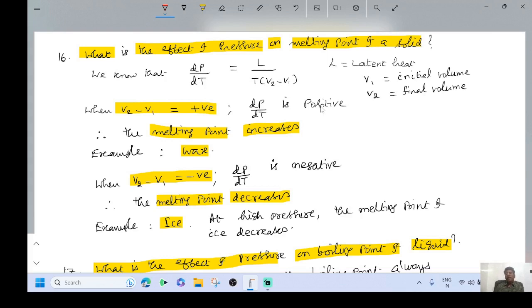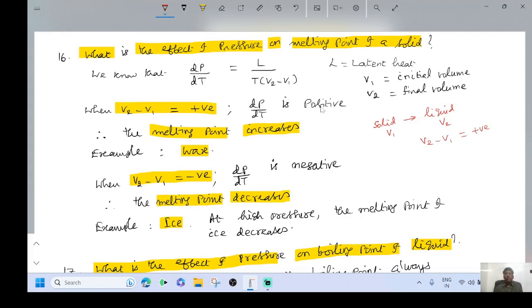If you take the wax in the solid state, its volume is V1. Convert this wax into liquid, its volume is V2. Here V2 minus V1 is a positive quantity, which means the volume of wax in the liquid state is greater than the volume of wax taken in the solid state.